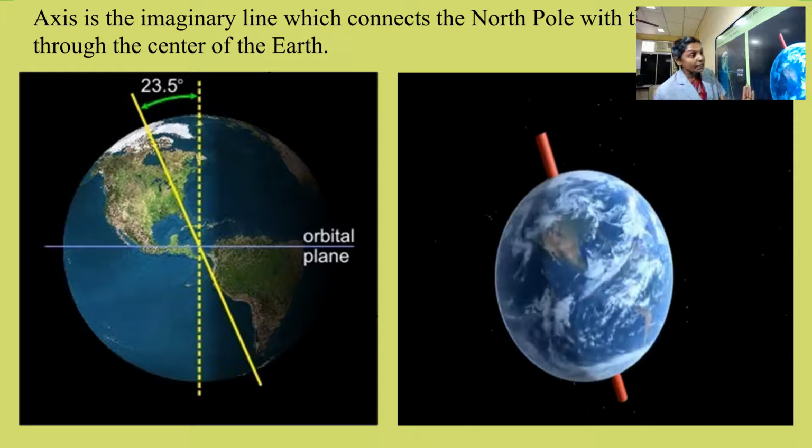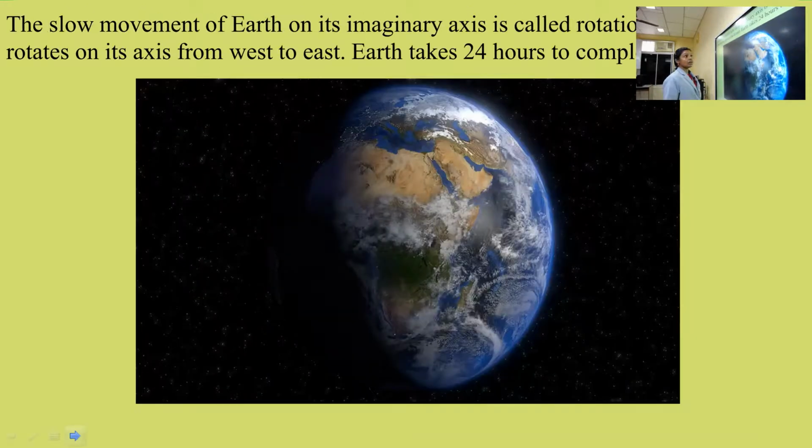So the spinning of the Earth on its axis is called rotation. So what is rotation? The slow movement of Earth on its imaginary axis is called rotation.